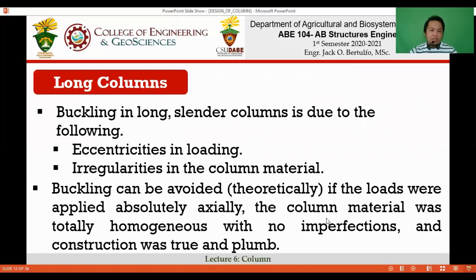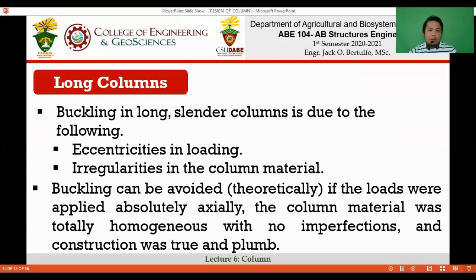First is the eccentricities in loading, then irregularities in the column material. Although irregularities in the column material, kay ang mga column na ginagamit nato is reinforced concrete. So we have steel bars, then concrete. But it's a different analysis na po natong isubayan.